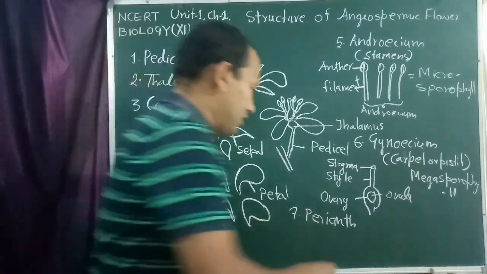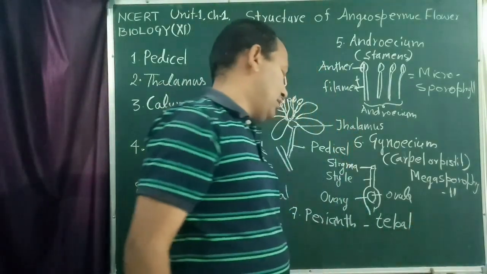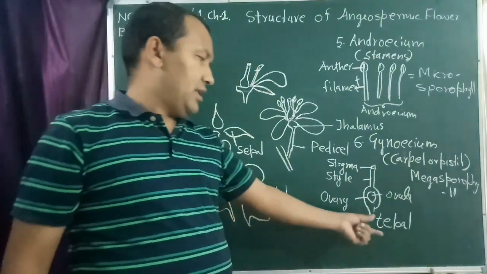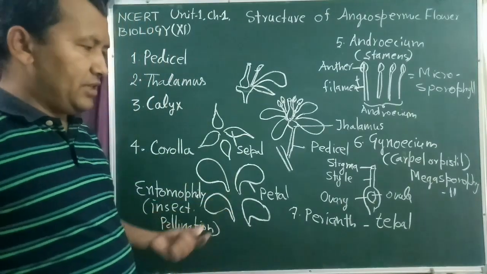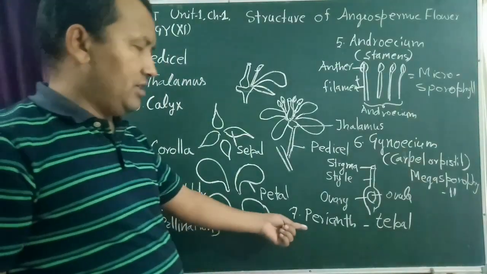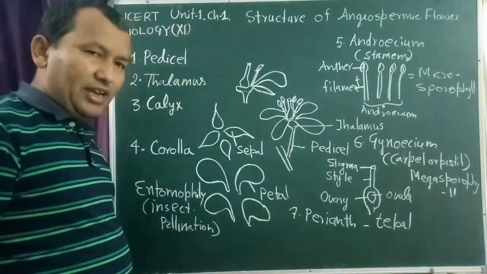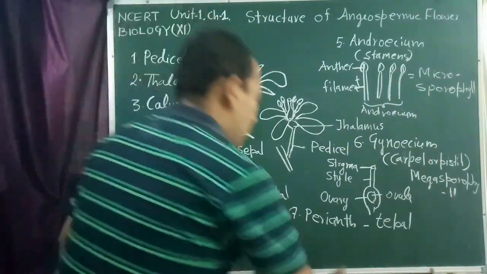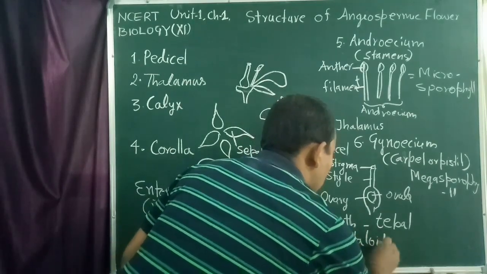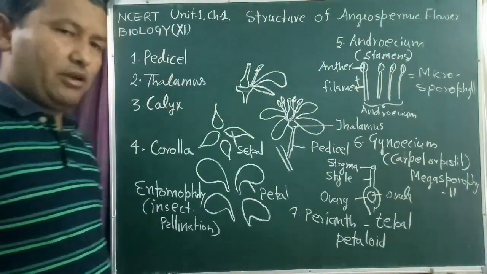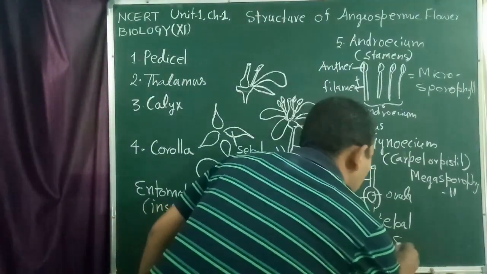The unit is known as tepal, and all the tepals collectively are known as perianth. When the tepal is colored, it is known as petaloid, and when it is colorless, it is known as sepaloid.